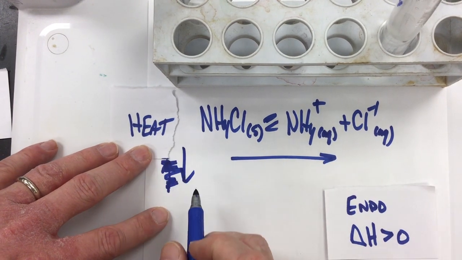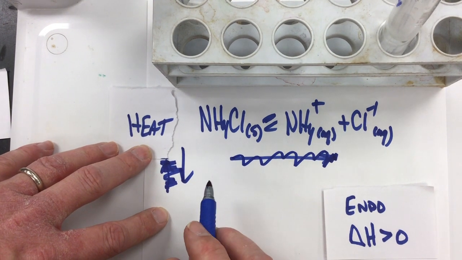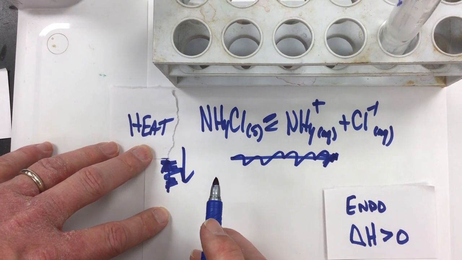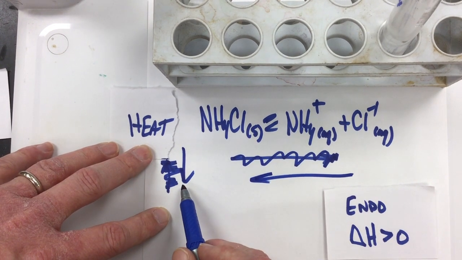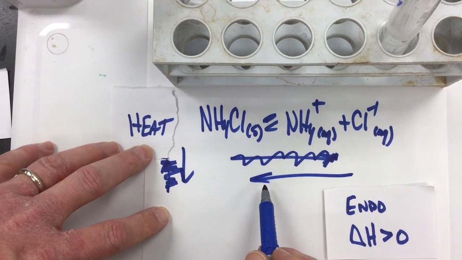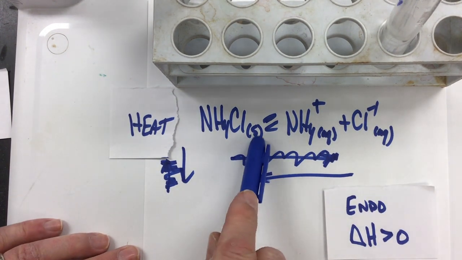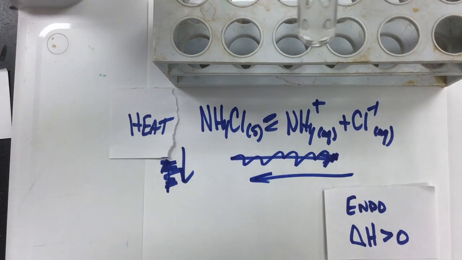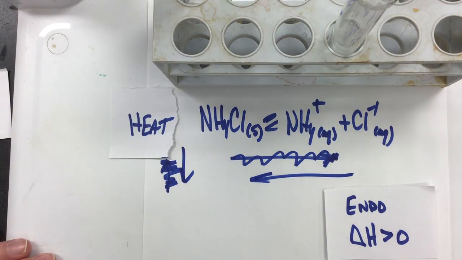And because heat is on the left-hand side of the equation, if I remove something, that's like trying to take something from a 2-year-old, it's going to want it back. And so by cooling it down, I will send it back over to the left-hand side, and eventually as this cools, I will recrystallize out all of that solid, and it will end up down there at the bottom once it gets cool.